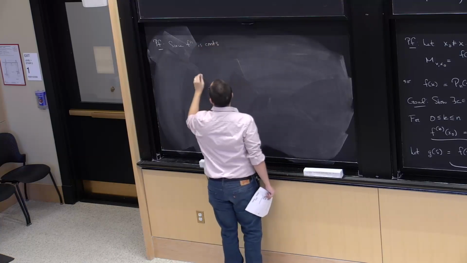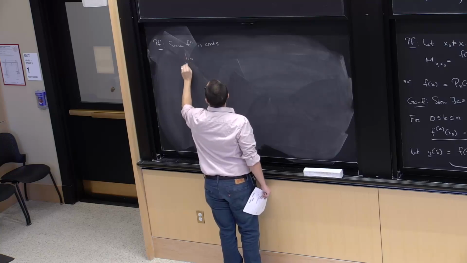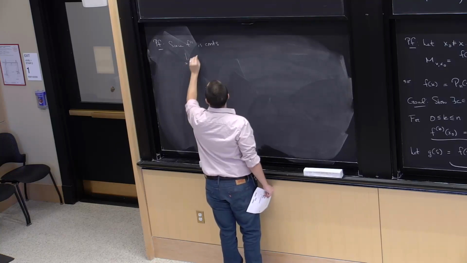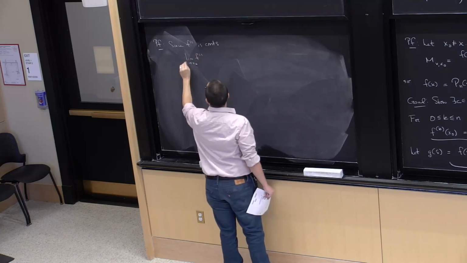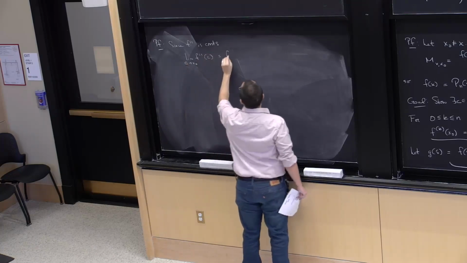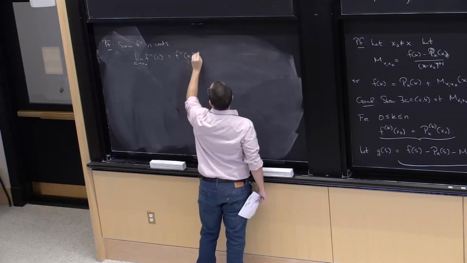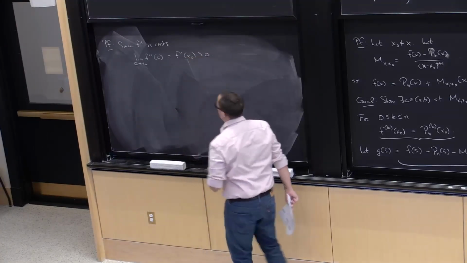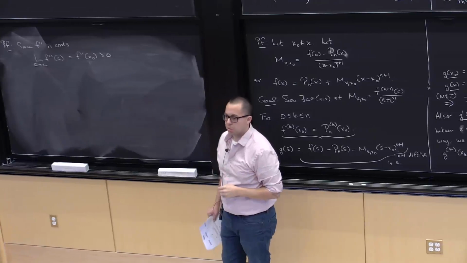So since the second derivative is continuous, we get that the limit as c goes to x0 of f double prime of c equals f double prime of x0, which is positive, right, by assumption. That's what we're assuming.